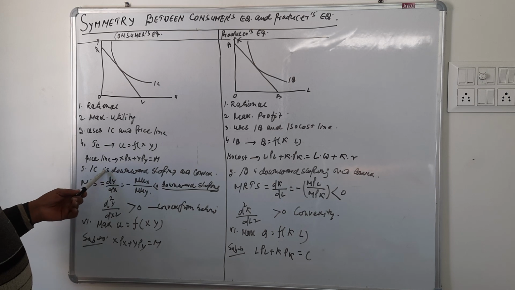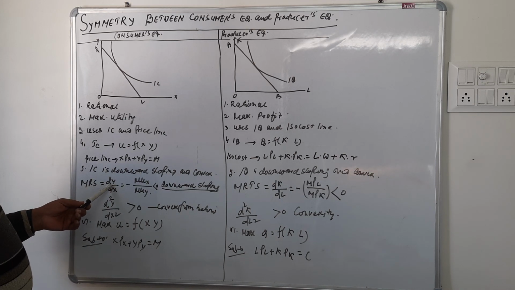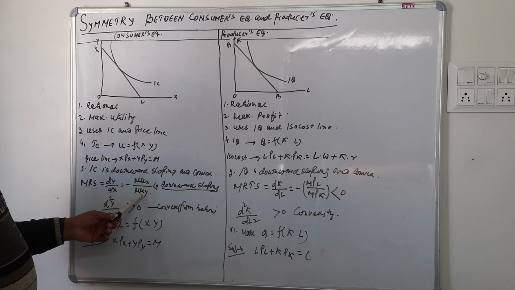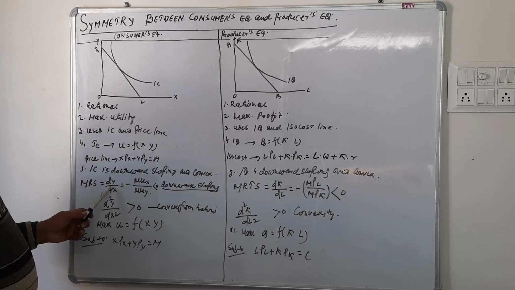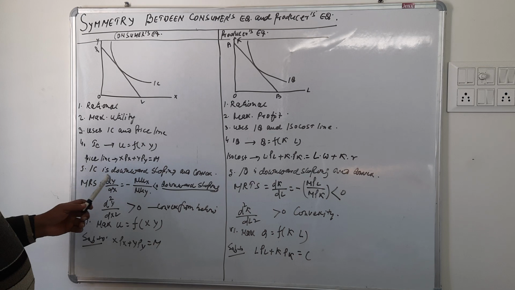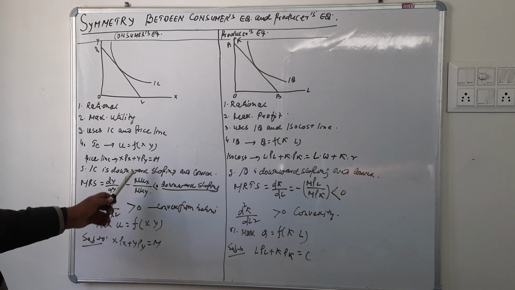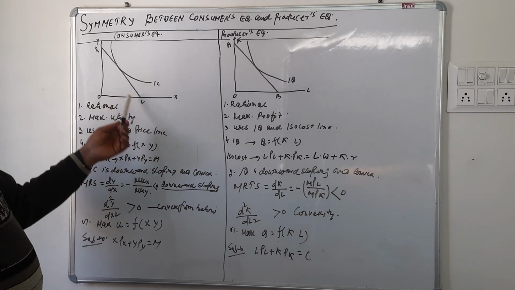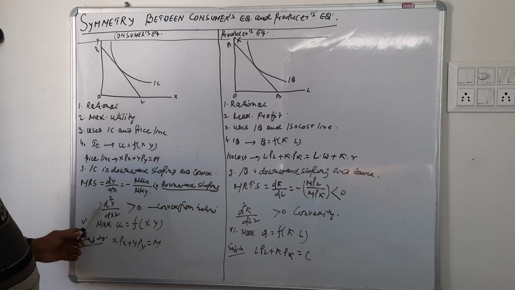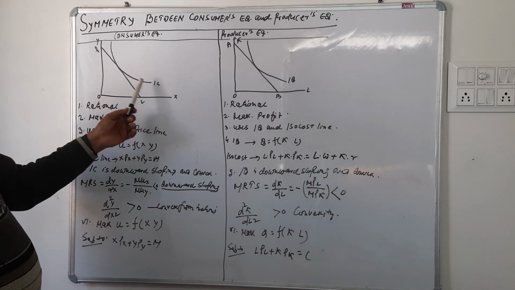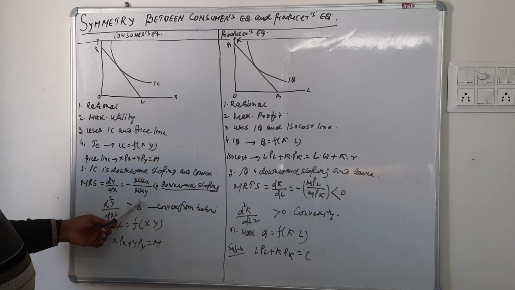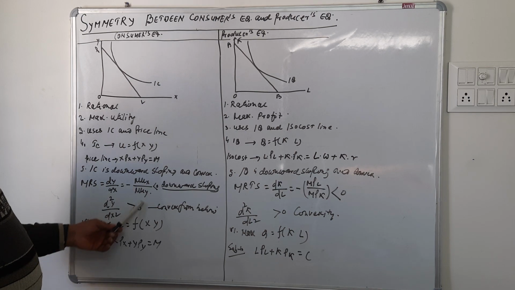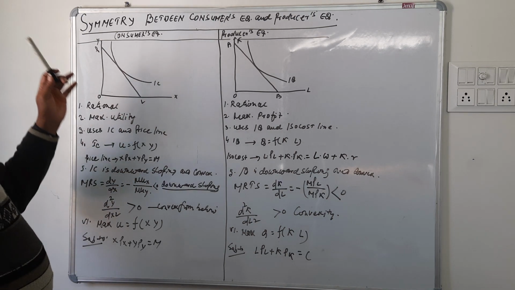Mathematically it is written as dy/dx, and this equals minus MUx/MUy. So the absolute value of the slope is the ratio of marginal utilities of the two goods, and since it is negative, the curve is downward falling.